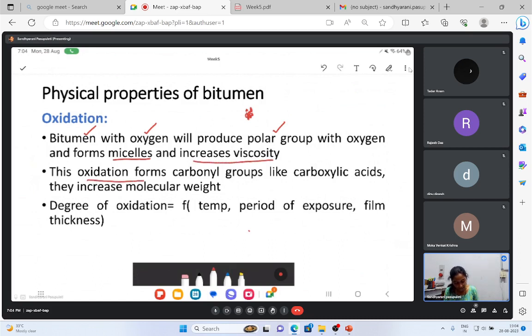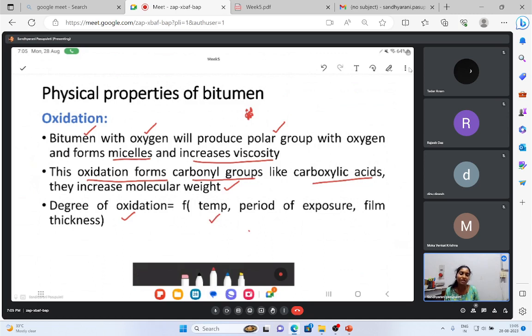So in this oxidation, what do they usually form? When I say they are forming polar groups, they are carbonyl groups like carboxylic acid, and they have higher molecular weight. When I increase the molecular weight, they will be increasing the viscosity. So how fast will my oxidation be? That means the degree of oxidation depends upon temperature.